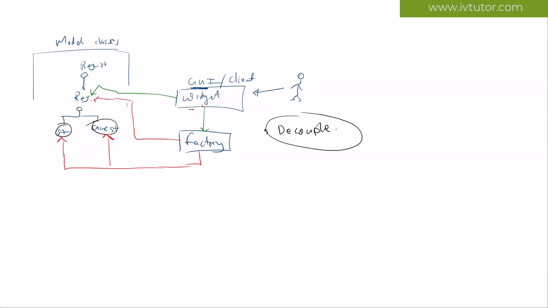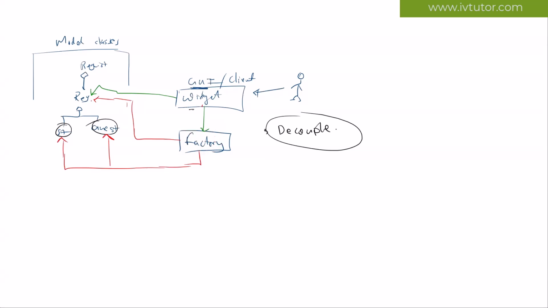And your factory is the one that's going to give your client an instance of a registration. And that's it. So whether there are 10 types of registrations or 20, your client does not know about the actual instances or types of registrations that exist. All it does is it goes to the factory and says, can I have this kind of registration? And the factory says, there you go. There is the actual registration. That's what's going on here. So if we come back to our main focus now here, it is on this factory class, right?